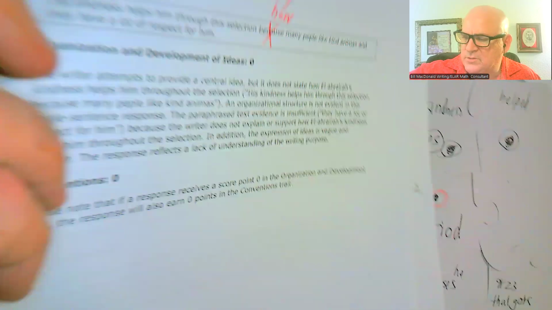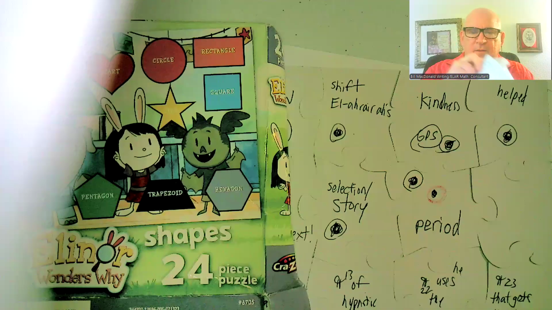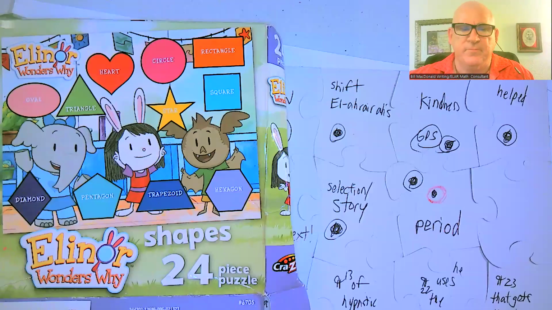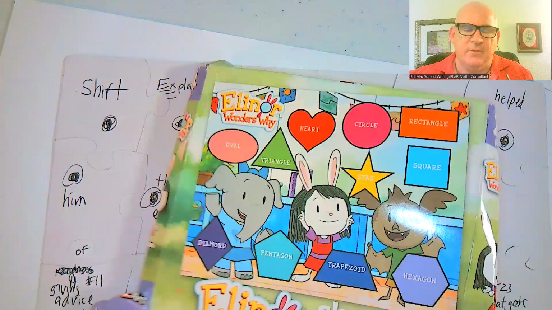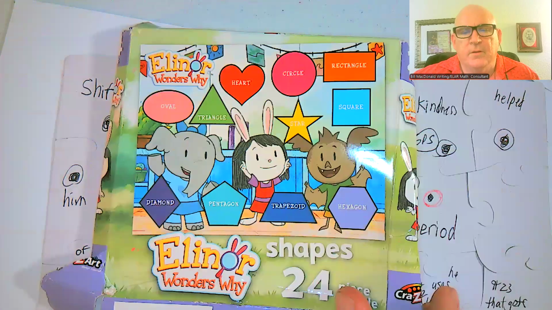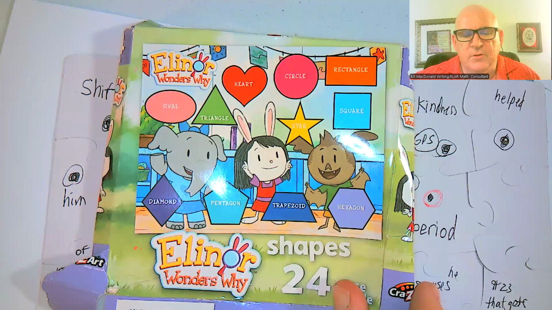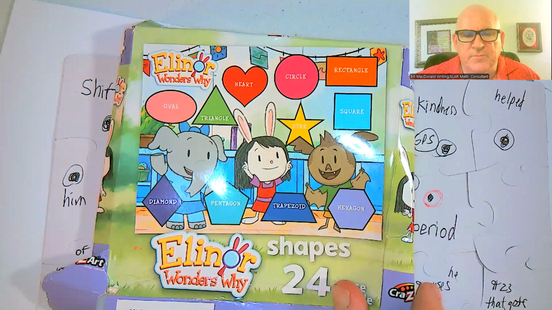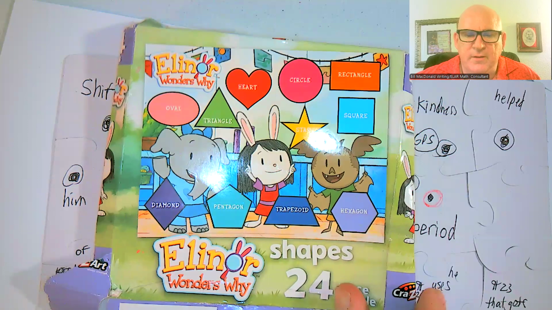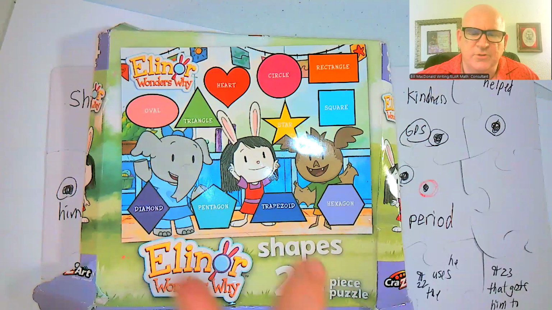So here is one way that you can teach your kids. I looked at this puzzle, and the cool thing is you get to kill 2 birds with 1 stone. You get to learn some mathematic shapes, some names, some colors, some animals. So there's a bunny there. And it was just a coincidence.